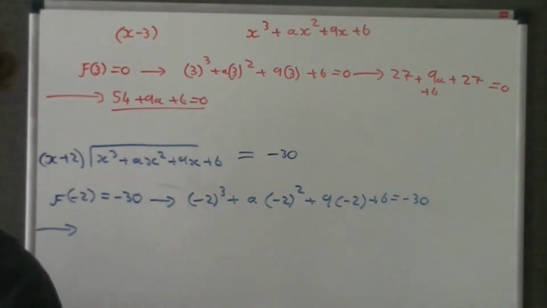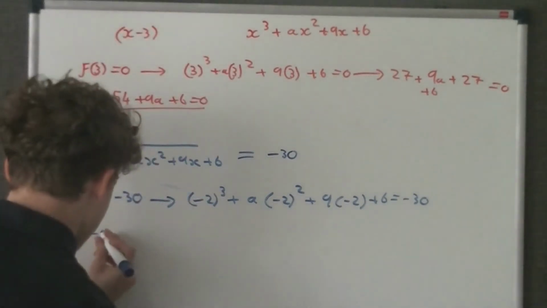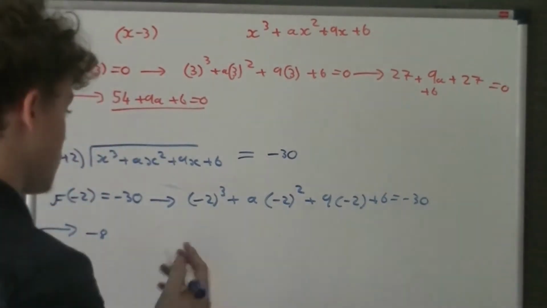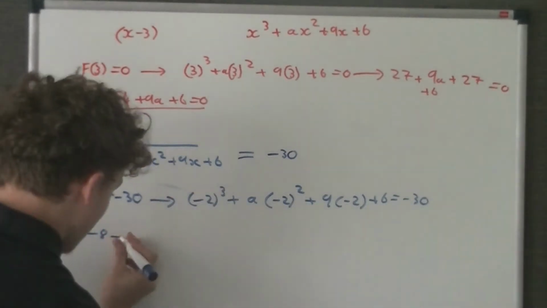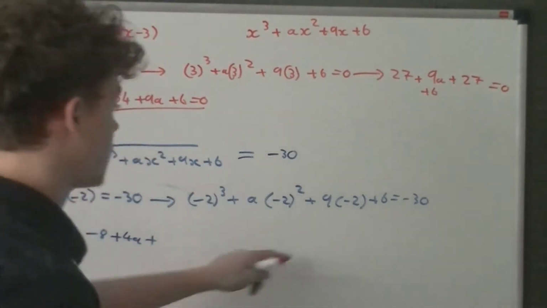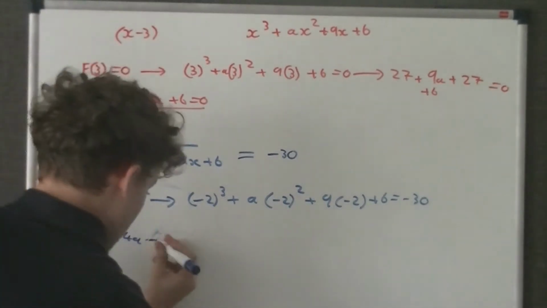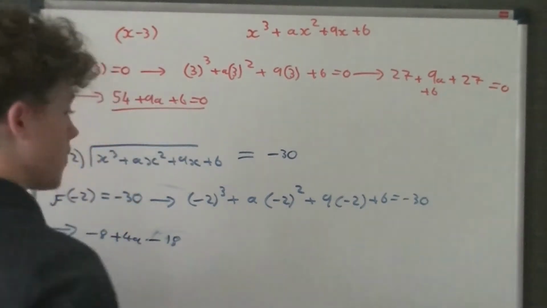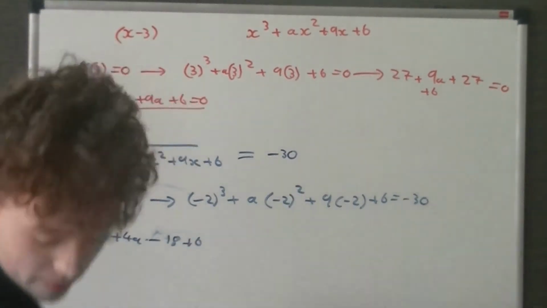Minus 2 cubed: minus 2 times minus 2 is 4, times minus 2 is minus 8. Minus 2 times minus 2 is 4, so plus 4a. And 9 times minus 2 is negative 18, that should be take away 18, plus b.